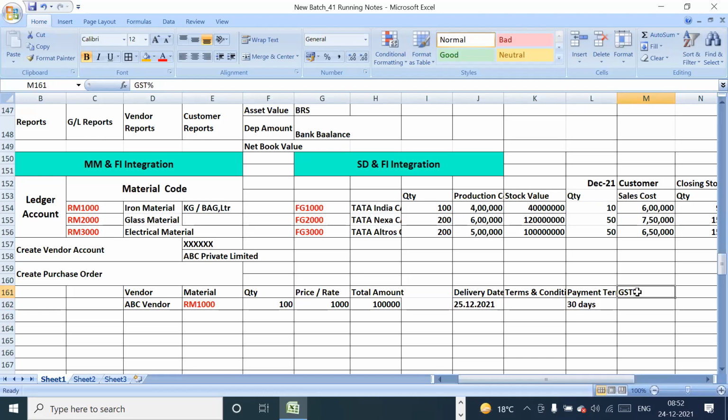For the purchase order, 99% we specify it from the sales order, but it is 100% mandatory while booking the invoice. In some systems, maybe SAP, we have all the features. In any other ERP system, if you don't have the option for GST in the purchase order level, definitely they have the option at invoicing level. And what else?